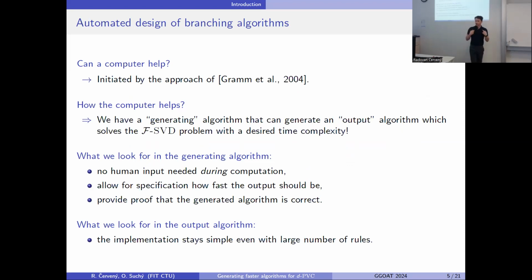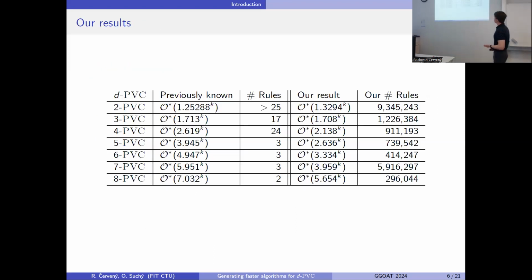And yes, the output algorithm should be simple. In other words, it should not depend on the length or the number of branching rules that we have generated. And why is that? Well, more is always better, and these are our results.